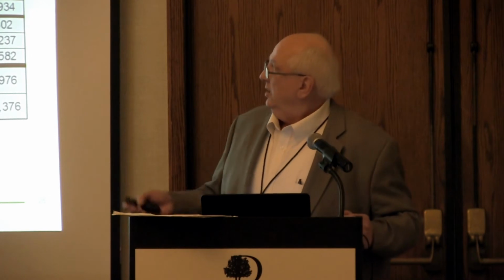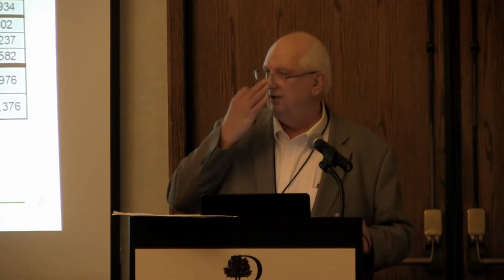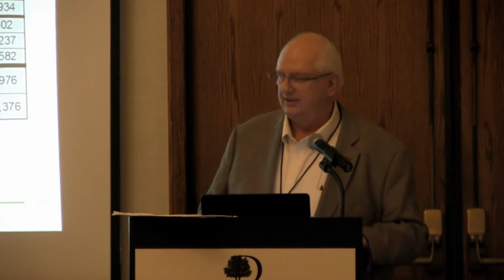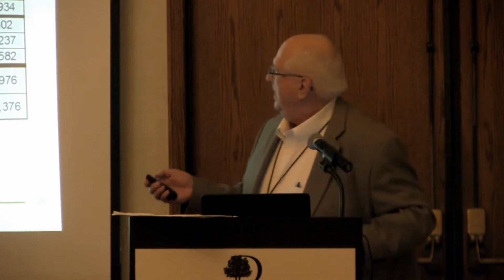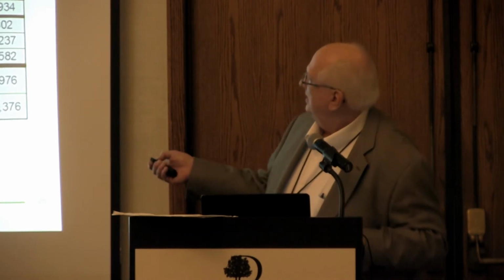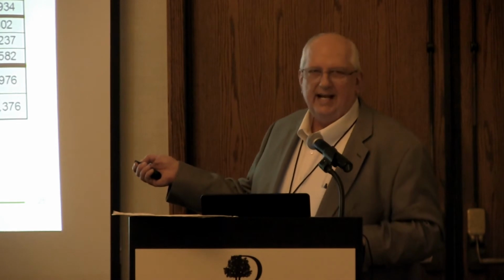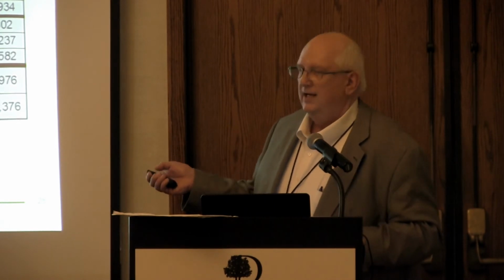So we don't make decisions based on a chart like this. This is just a general indication of where our costs are, and each of our decisions is made on an individual project basis. But you can see that we've got agency cost, and this is all inclusive.